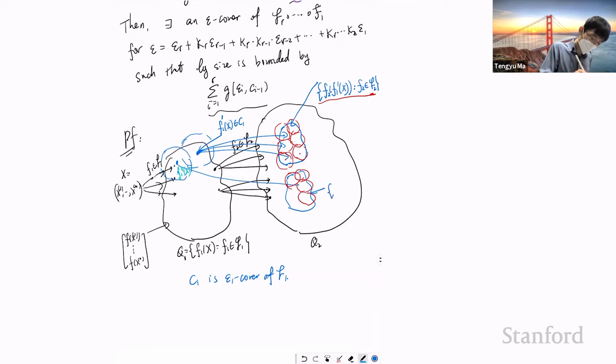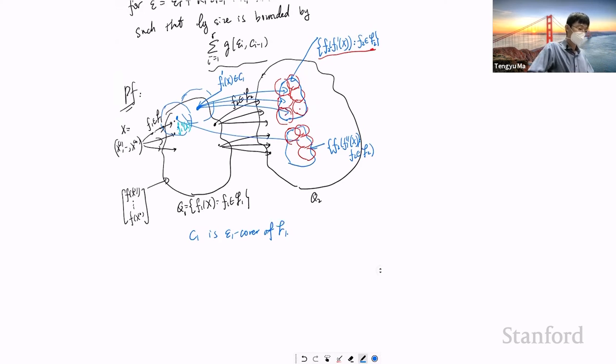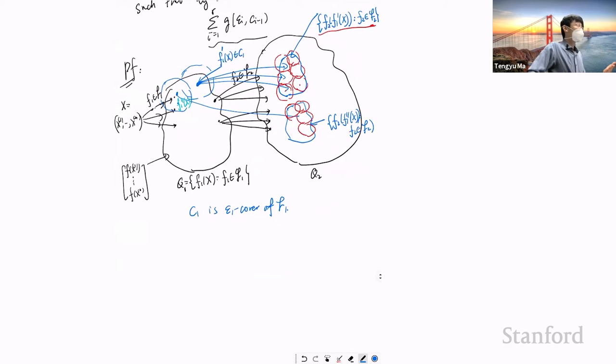Here, this is the set of all F2 F1 prime x, where F2 is in capital F2, and then you create a cover for this set so that you can discretize F2 again. And then you take the union of all of these covers, of these balls, as your cover for Q2. So any questions so far?